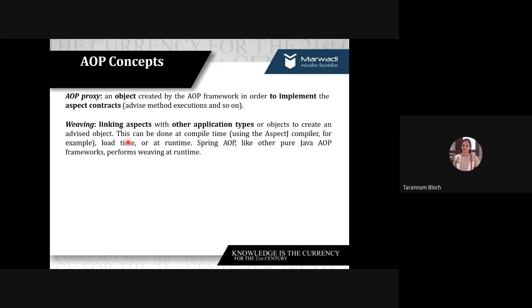So this can be done at compile time using an AspectJ compiler, or at load time when your class is being loaded in the memory, or at runtime. That depends on the need of an application. Based on that, either compile time, load time, or runtime, you can have the weaving, which is the connection between the objects. But Spring AOP is developed using pure Java.